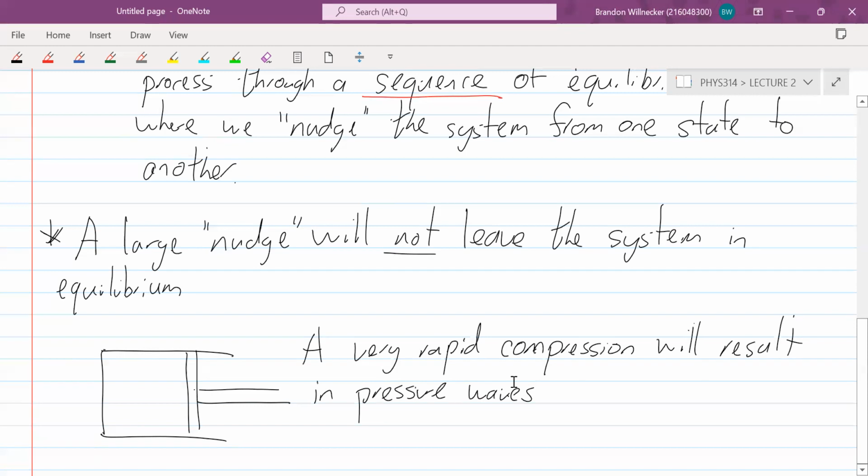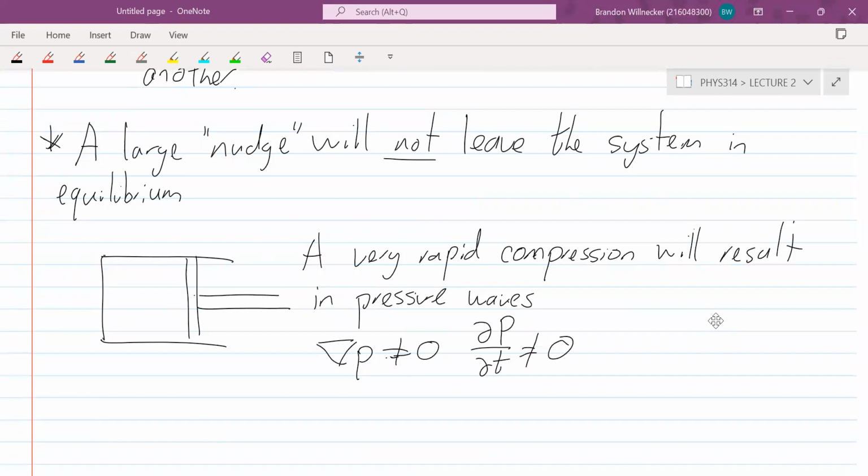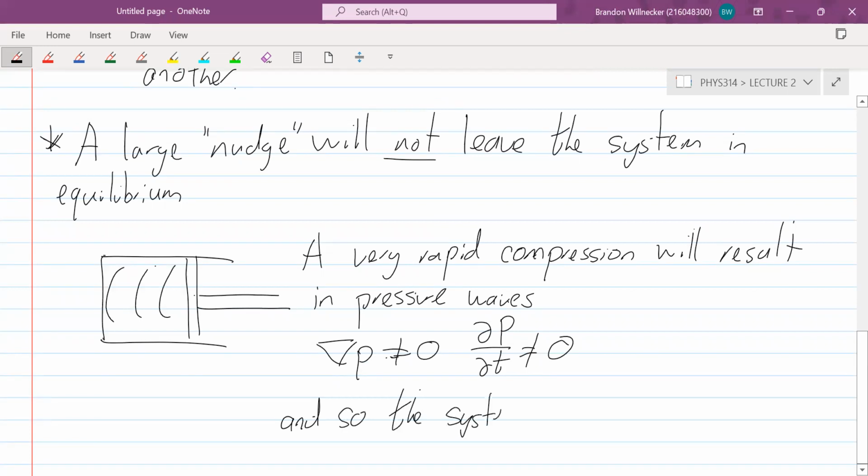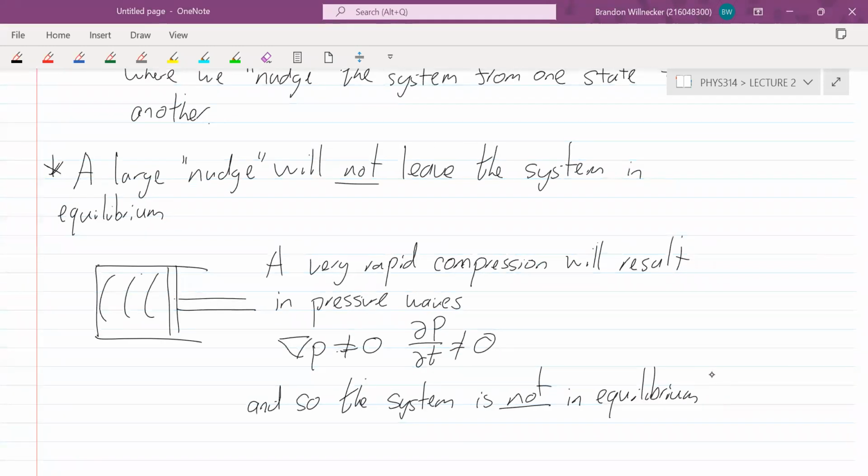Pressure waves mean that the gradient of the pressure field is non-zero and the pressure changes with time. So we don't have uniform pressure spatially or in time, and so the system is not in equilibrium. We've got waves passing through. That's the classic example of a non-quasi-static process.